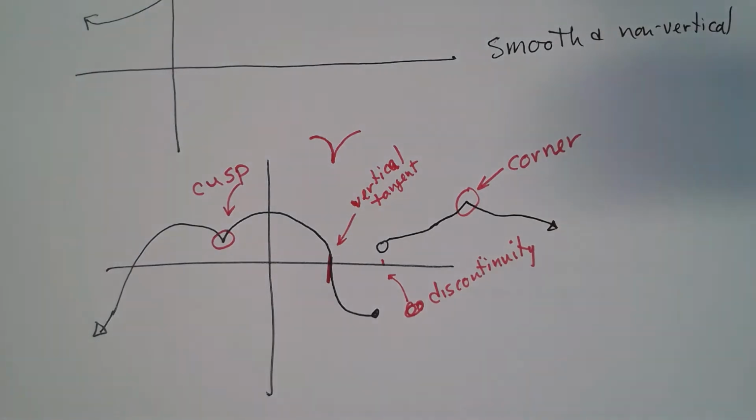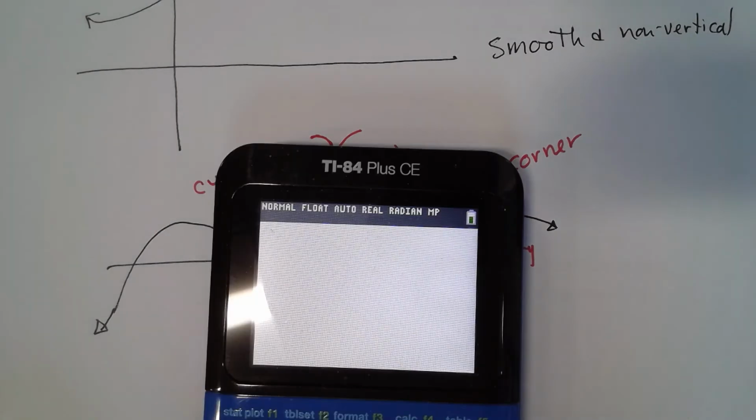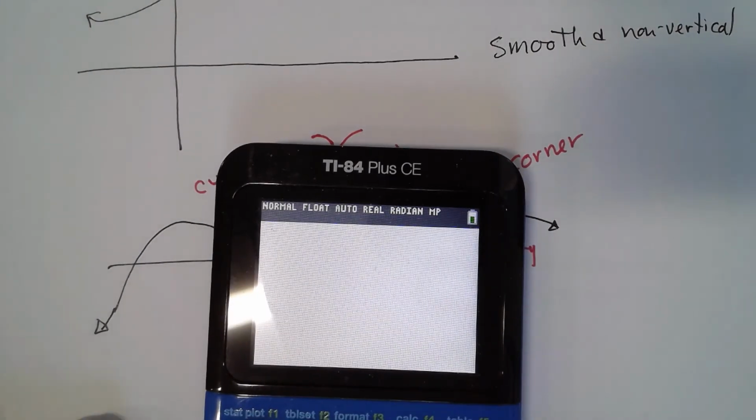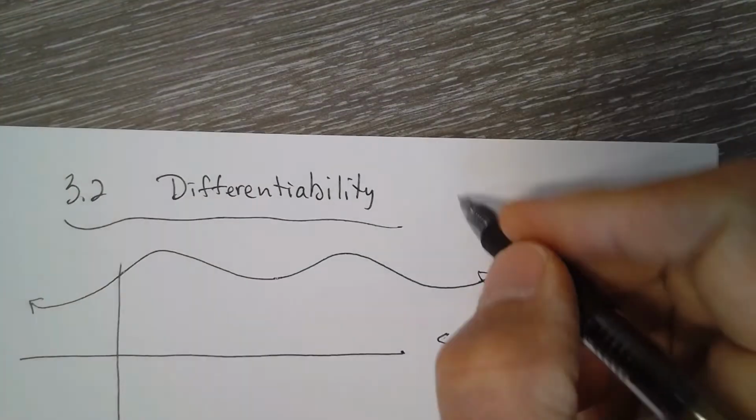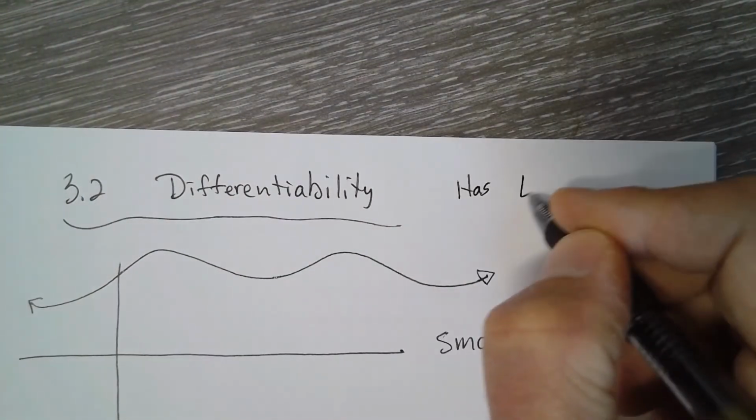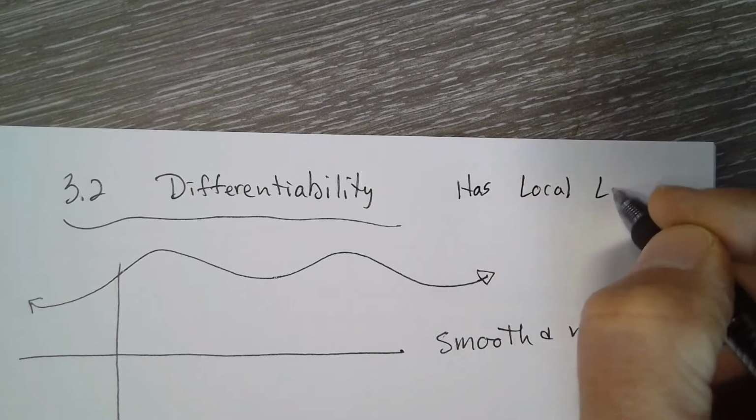Let's see. So, this is an exploration in the book. I'll just kind of pull it up here. So it talks about if something's differentiable, it has local linearity.